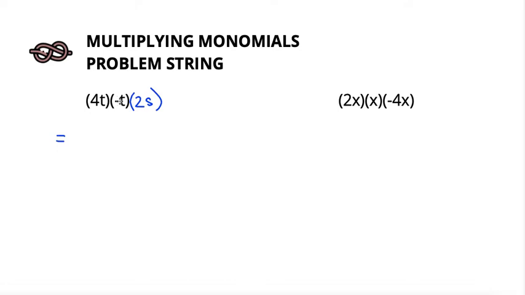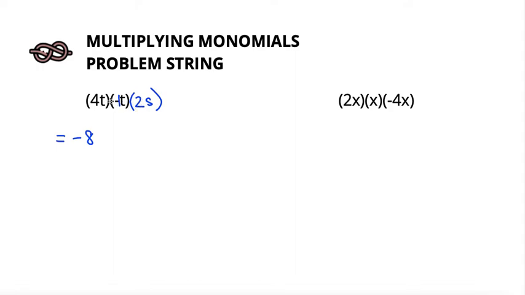Remember, if there is no number in front of a variable, again, it's that imaginary 1. So I'm multiplying 4 times negative 1, which is negative 4. And negative 4 times 2 would give me negative 8. So that's just multiplying your coefficients. 4 times negative 1 times 2.